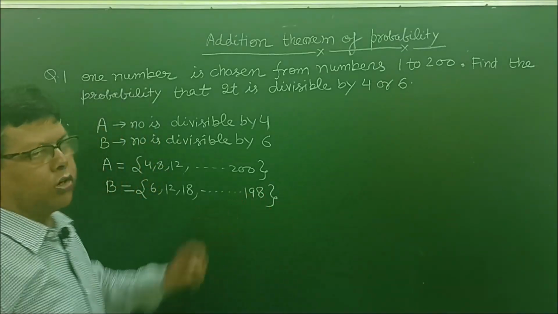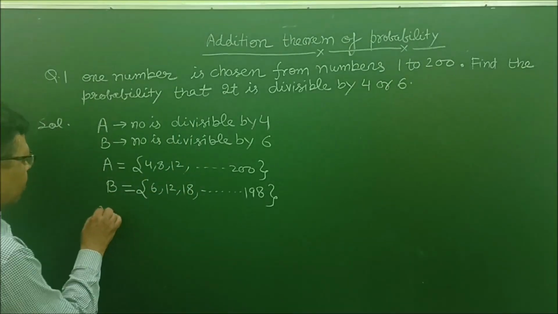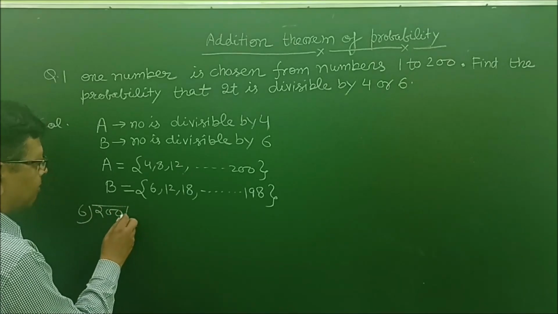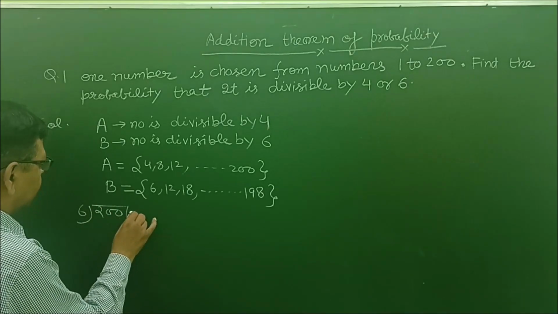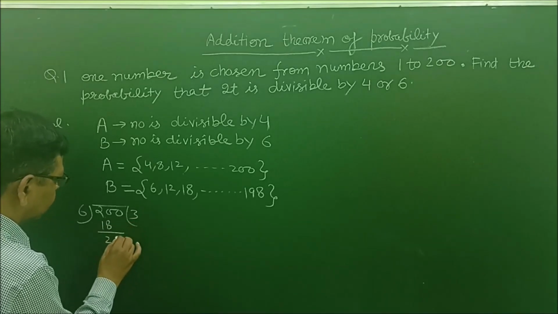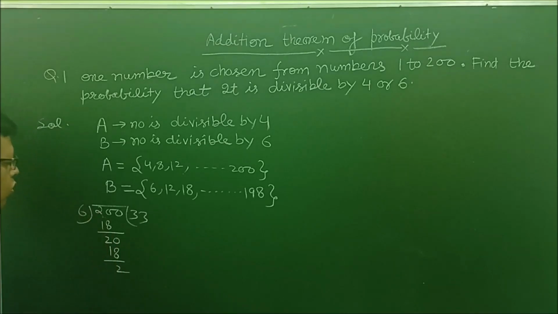If you don't know the last number, divide 200 by 6; the remainder will be 2. So subtracting 2 from 200 you get 198.